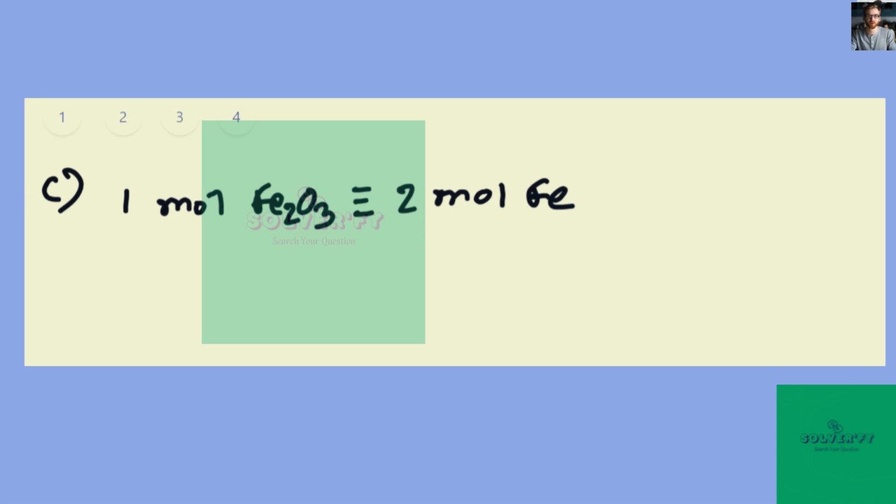That means 2.192 mole Fe2O3 will produce 2 times 2.192 mole, which is equal to 4.386 mole Fe.